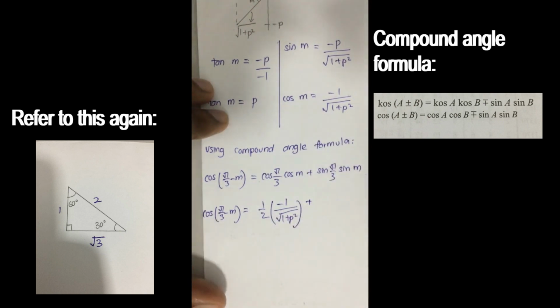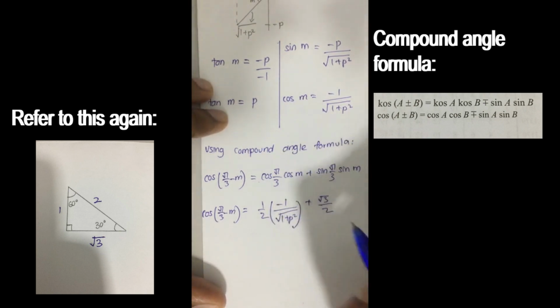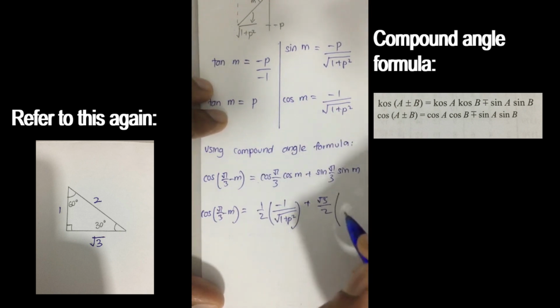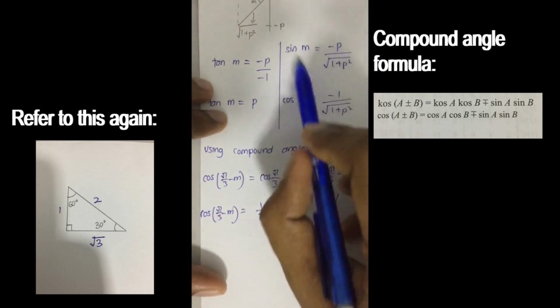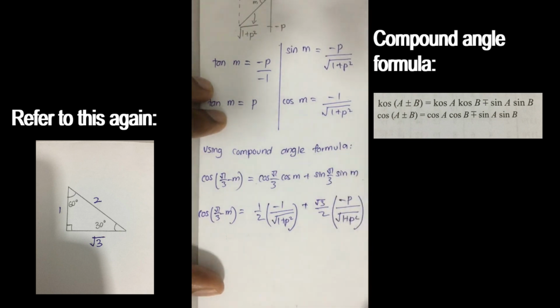Sine pi over 3 is also known as sine 60 degrees, so it is actually square root of 3 over 2, and then times this sine m value, negative p over square root of 1 plus p square.